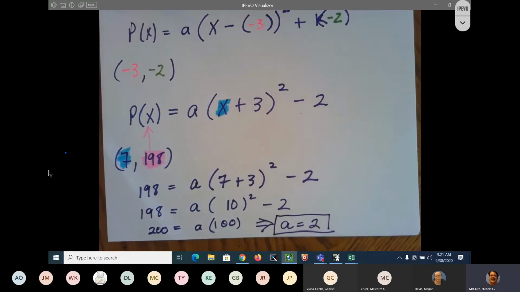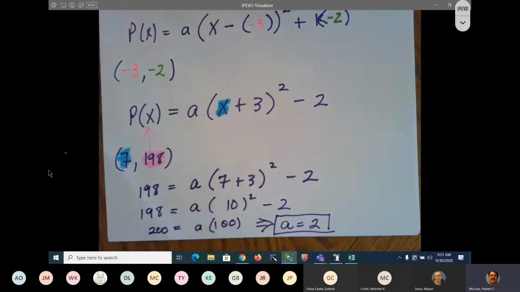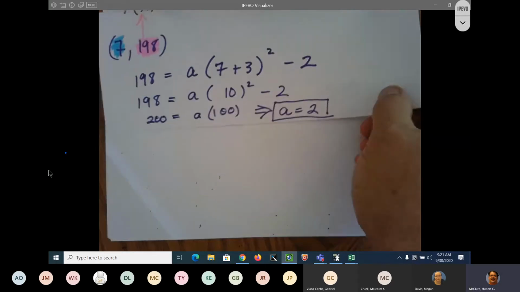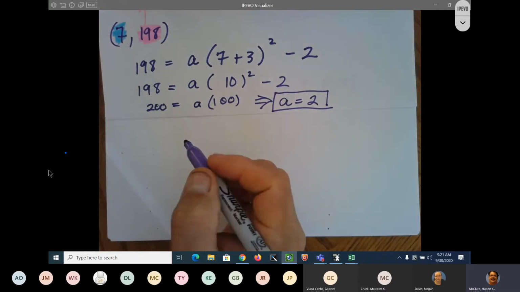Now, what am I going to do with that A is equal to 2? I'm going to plug it back in right here, and then we're going to solve it. So I'm going to go to the next page. Let y'all write that down. We're going to go to the next page. So A is equal to 2, so, oh shoot.